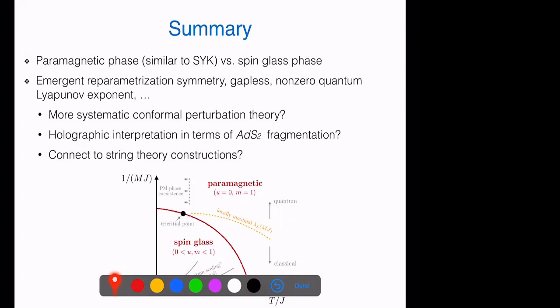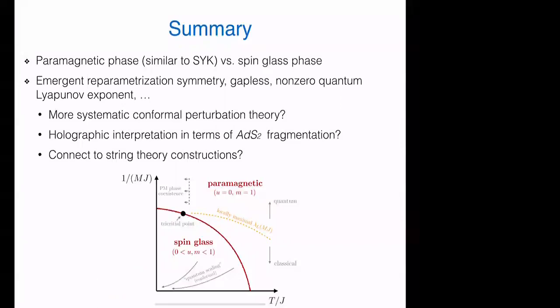So all the Lyapunov exponents were peaking around a similar value of mj because of this tricritical point? So in that Lyapunov exponent plot, all the peaks were around the same value of mj, right? Are you saying that's because of this critical point?